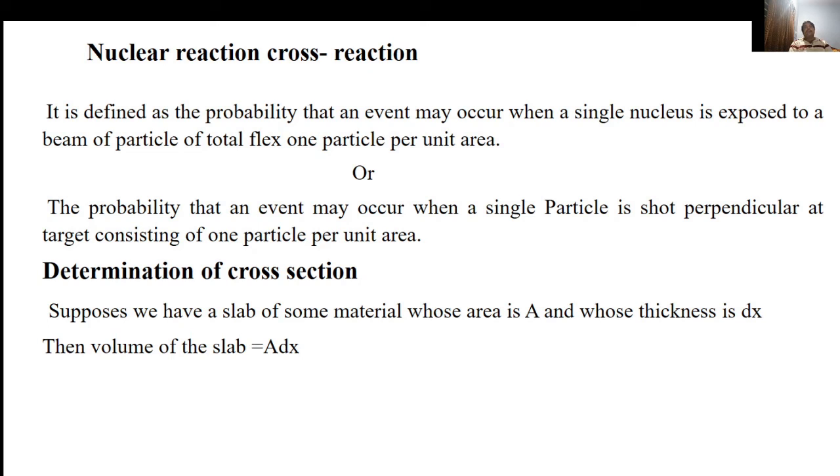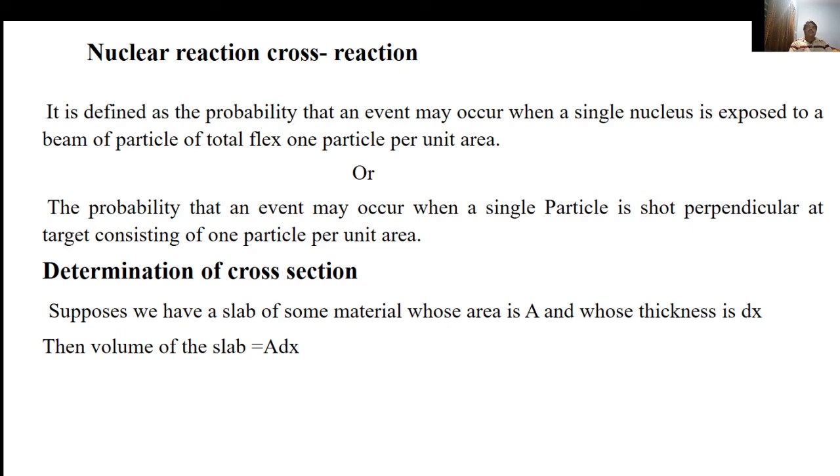Or it is also defined as the probability that an event may occur when a single particle is shot perpendicular at a target consisting of one particle per unit area. Next, we will move on to determination of cross section.